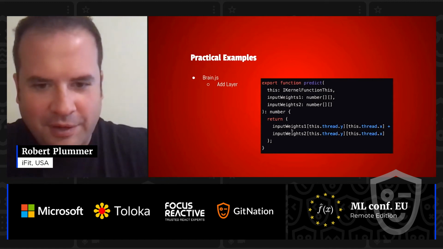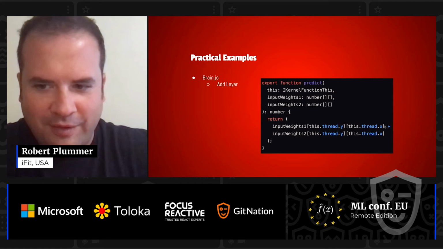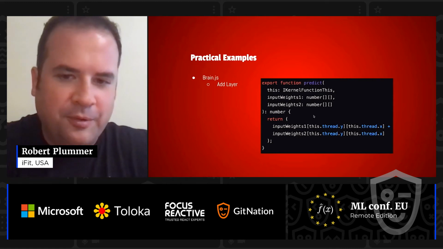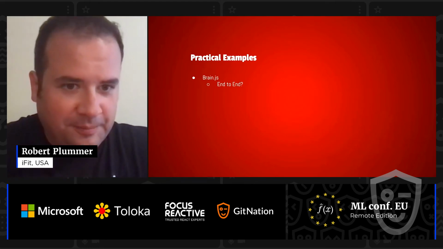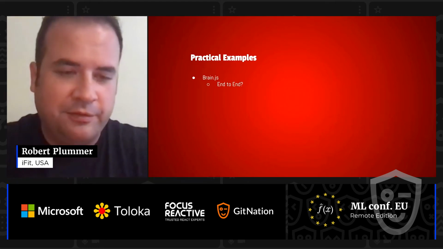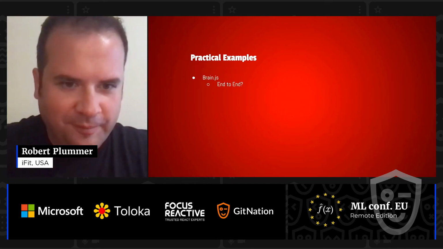We have a return of the input weights 1, we get the x and y value, and then input weights 2, x and y value, and add them together. So it's super, super simple. Now, is there an end-to-end solution? That's a much bigger question, right? Because we're talking GPUs all across the board.